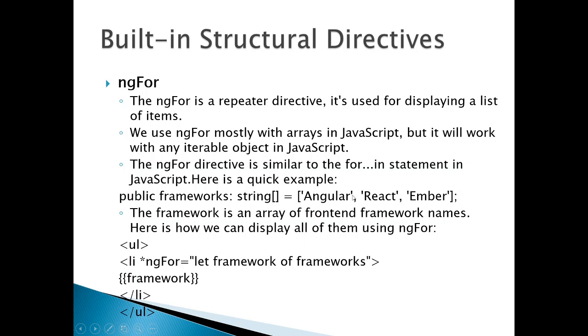In it we have three elements: Angular, React and Ember, and we have created this frameworks array, and now we want to apply the ngFor directive. So we applied that directive on an li. The tag on which that directive is applied will be repeated multiple times, just like a for loop.